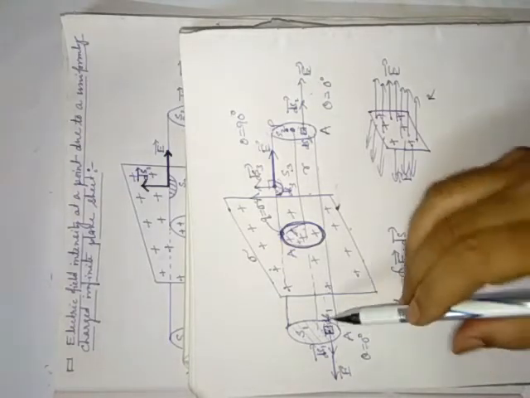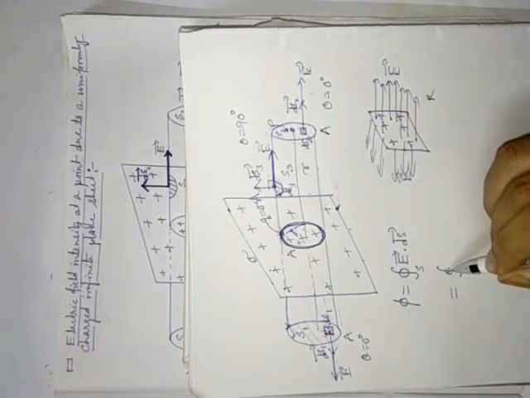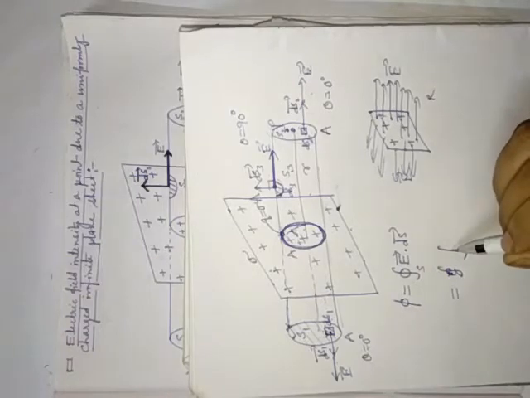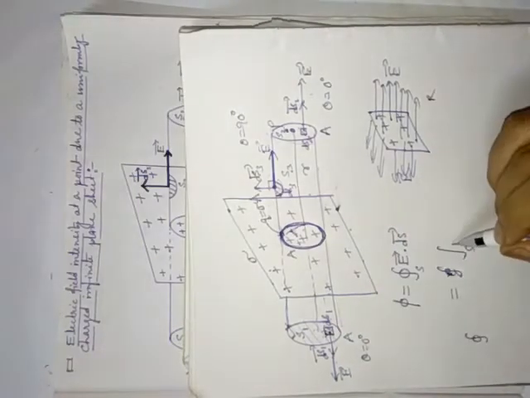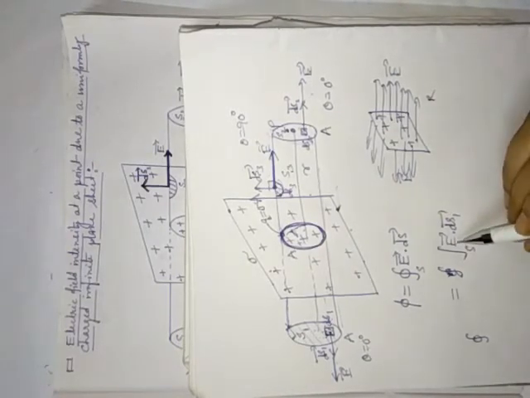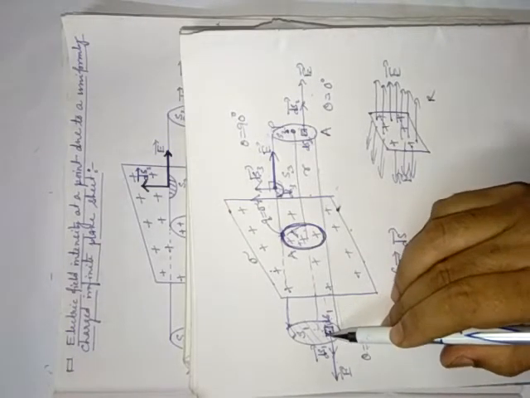Now I am going to calculate the electric flux through S1. I am not going to put the closed symbol here because S1 is not a closed surface. E vector dot ds1 means flux through only this portion ds1.